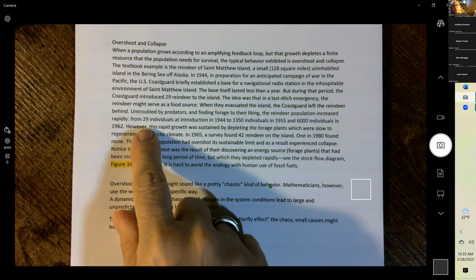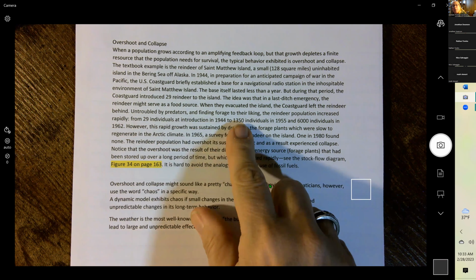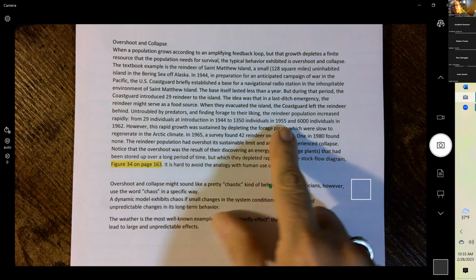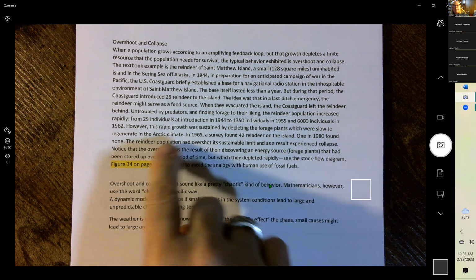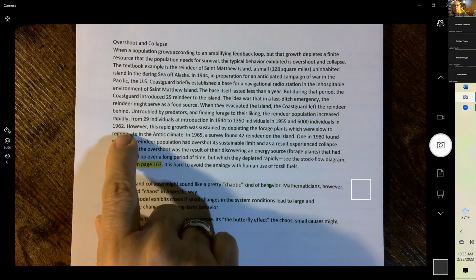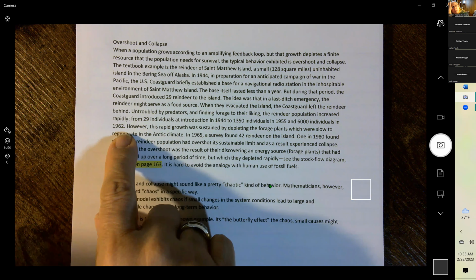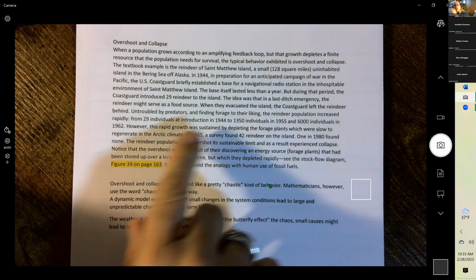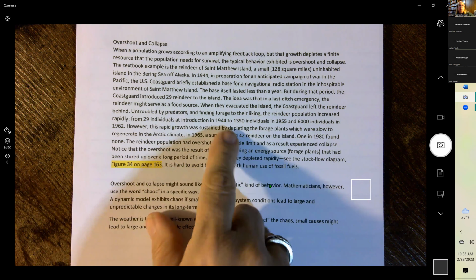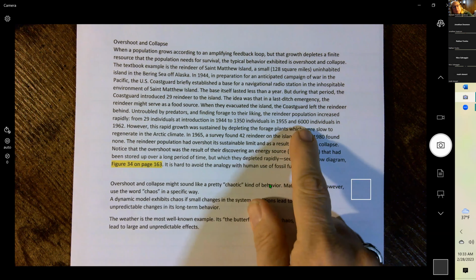So the population increased from 29 in 1944. There were 1,350 11 years later, and then 6,000 in 1962. So in almost 20 years, they grew to 6,000. However, they were eating all the foliage and the trees, and it can't grow fast enough to sustain 6,000.